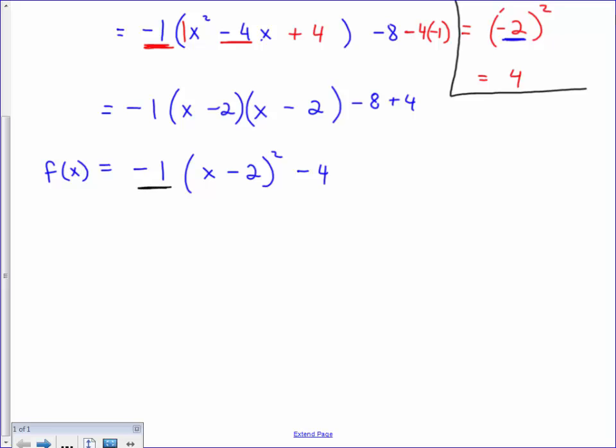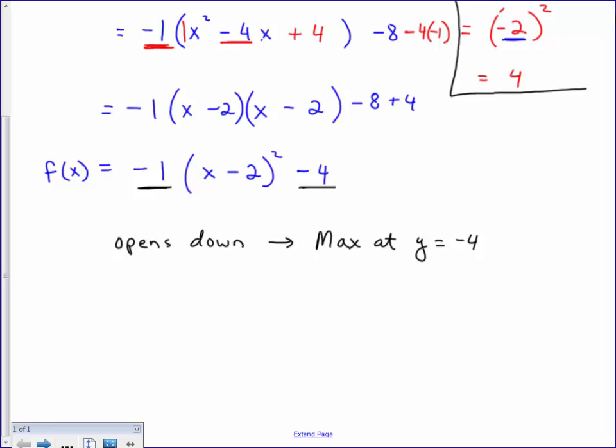First of all, notice that the value in front of my group that is squared is negative. So that means that my graph opens down. Well, if my graph opens down, that must mean that I have a maximum. And the maximum will be at y equals the k value, -4.